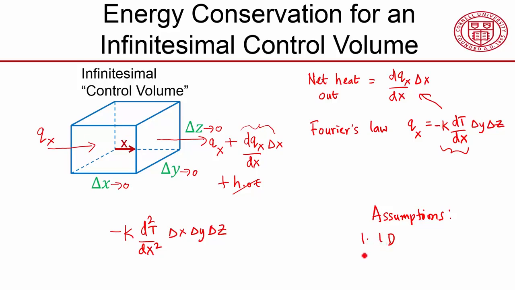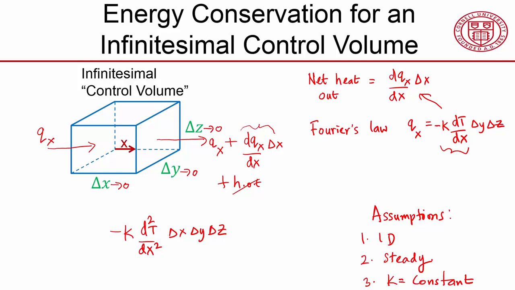I also have assumed that there is no variation of the temperature with time, so it's steady, and I'll also assume that k is a constant, that is, we have constant thermal conductivity. We can relax all these assumptions, but they just make the details more complicated.